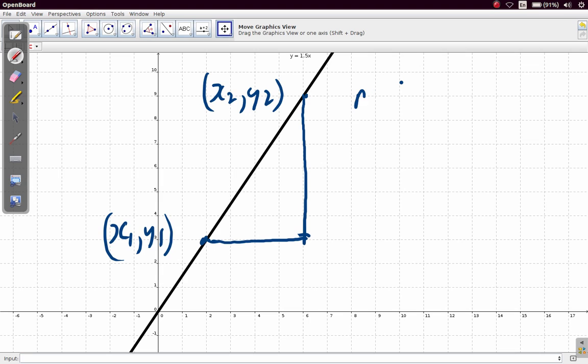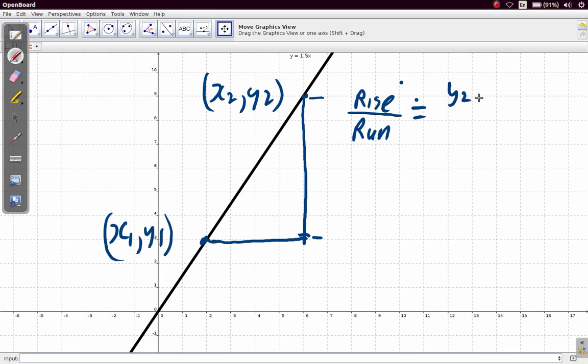We're going to calculate our rise and then divide it by our run. How much this triangle rises is our rise. So the difference between y2 and y1 is our rise. So up here, y2 minus down here represents our y1.